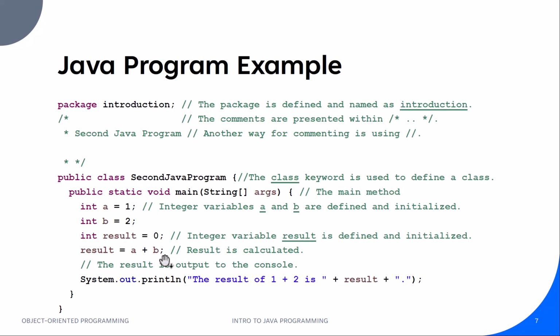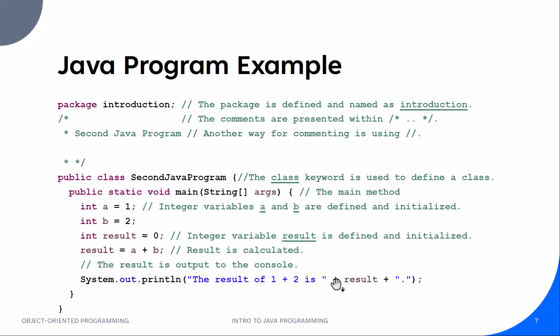Now, as you can see, the syntax is very similar to C and C++. Actually, Java uses that notation. So switching from C and C++ to Java is easier. And with this line, system.out.println, the result is output to the console. And whatever we write within these quotation marks is printed out on the screen.